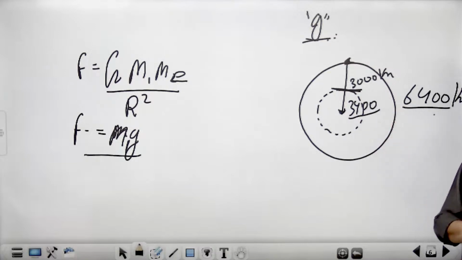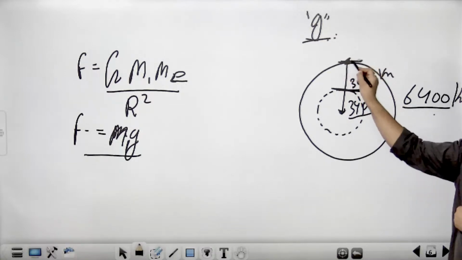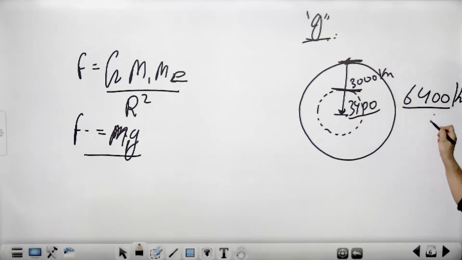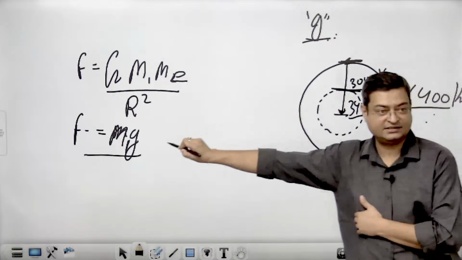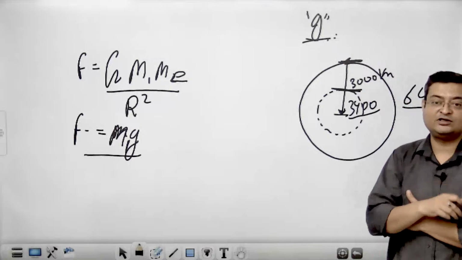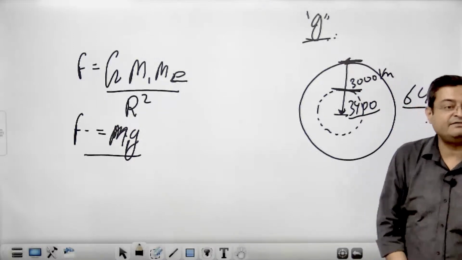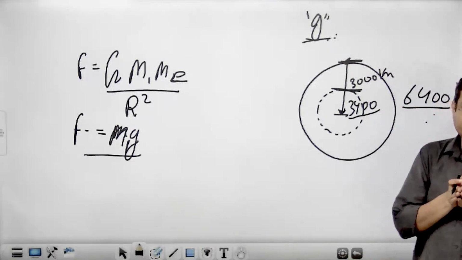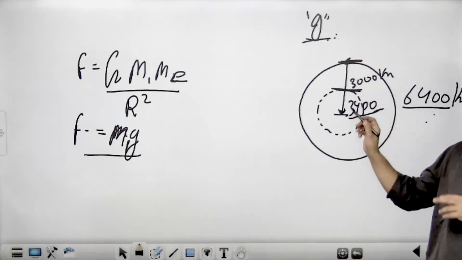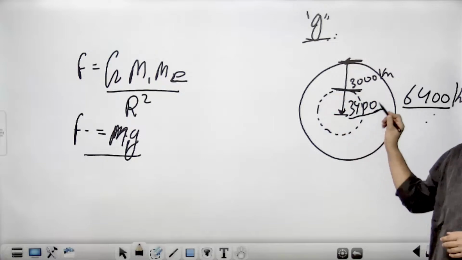But remember, my distance from first case is 6400 kilometer. That is the radius of the earth. When I am at some 3000 kilometer of depth, my effective distance from the center of the earth is again 3400. Now this is the effective radius now.